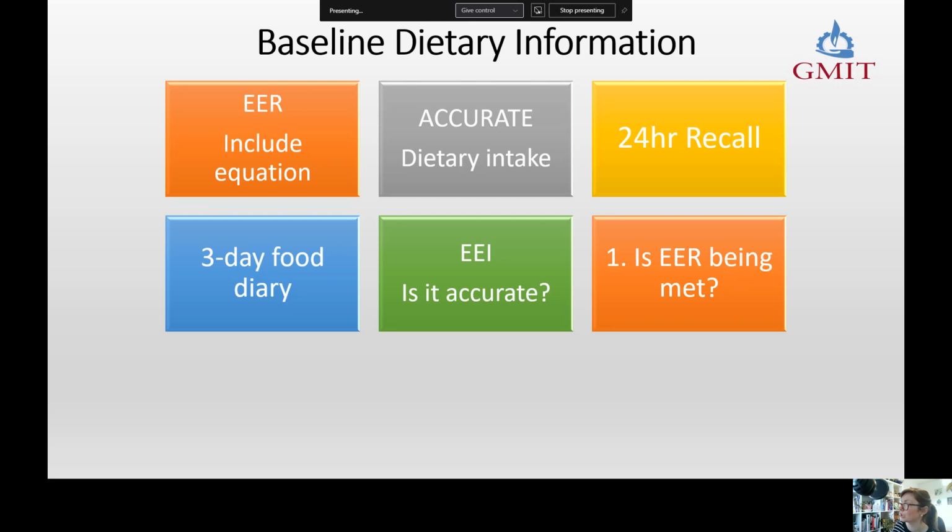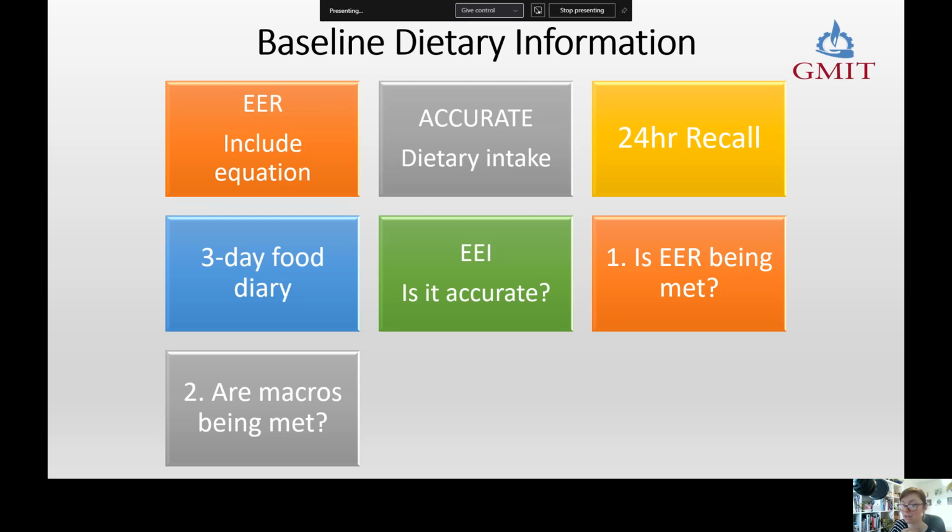So with that information, you're going to be asking the question, are estimated energy requirements being met? Are they meeting their calorie requirement? That is the number one, the bottom of the pyramid, the most important question that you ask first. If they're meeting their energy requirements, or if not, then we want to look at their macronutrients, fat, protein, and carbohydrate. Are they meeting the macronutrient requirements?